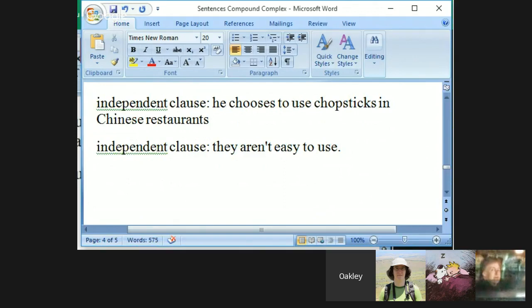All right. Let's play a little game here for 10 minutes. Monica, I'd like you to just give me an independent clause. And then, until the end of the class, we are going to take turns adding another clause, and another clause, and another clause. Monica, anything. An independent clause.